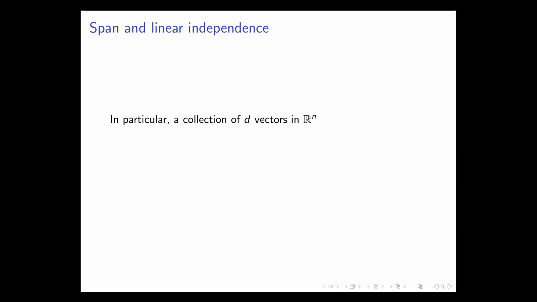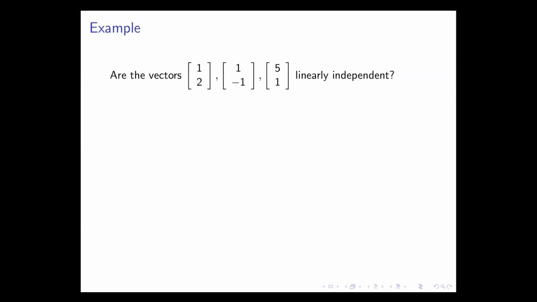Now let's recall what span and linear independence mean. If you have a collection of d vectors in R^n, they can only span if d is greater than or equal to n, and these vectors can only be linearly independent if d is less than or equal to n. So let's make a quick recap.